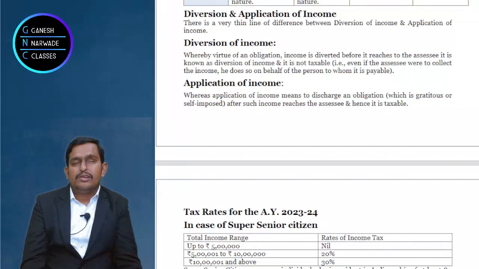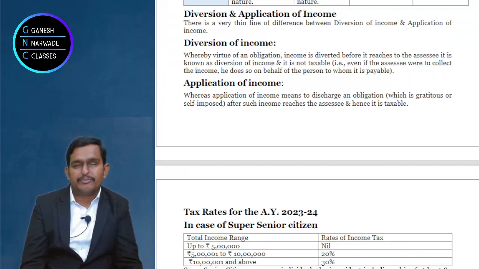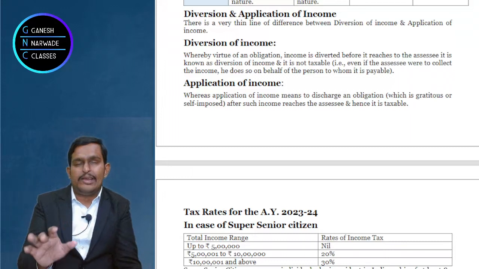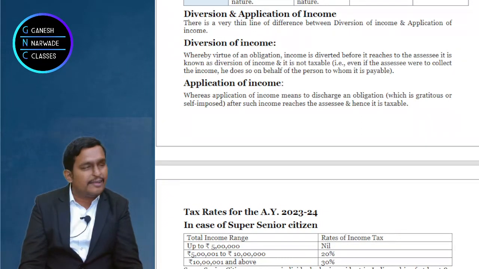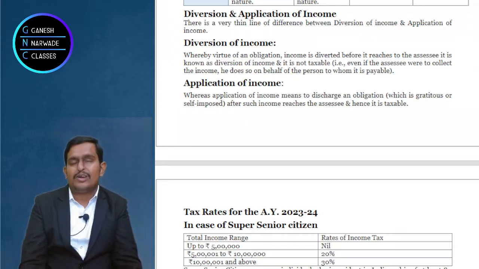Suppose, for example, you give money to your wife for monthly expenditure. Suppose your monthly salary was 1 lakh rupees, and you give 30,000 to your wife. Now you go to the income tax department and say that only on 70,000 I will pay tax because 30,000 my wife took. The income tax department will not listen to you. They will say on the entire 1 lakh rupees you have to pay the tax.